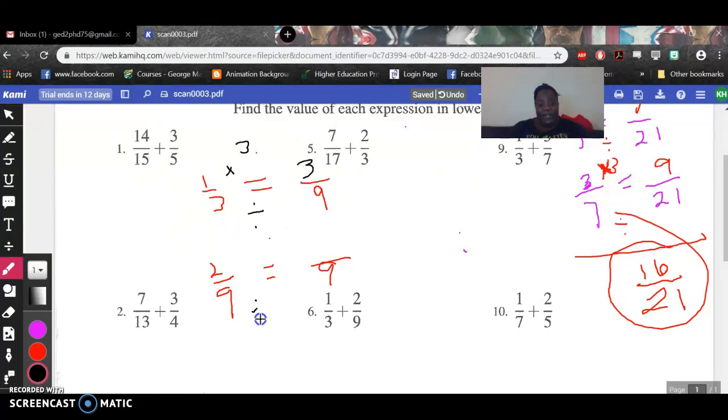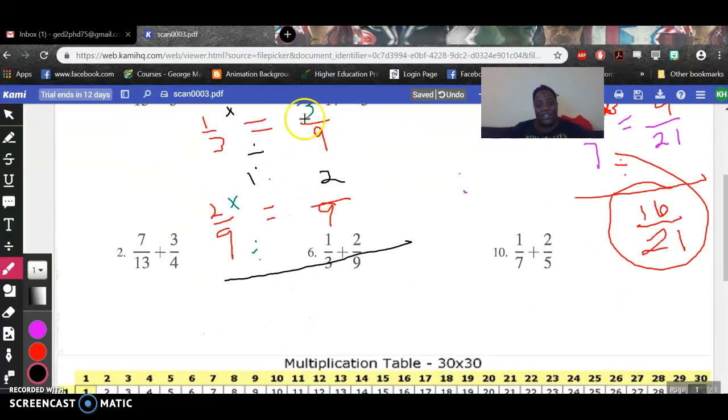Then divide, multiply down here too. 9 goes into 9 1 time. 2 times 1, 2. Now you have like fractions, and then we add 3 plus 2, 5 over 9. And you know that's not going to reduce any further, so you can just leave it at that.